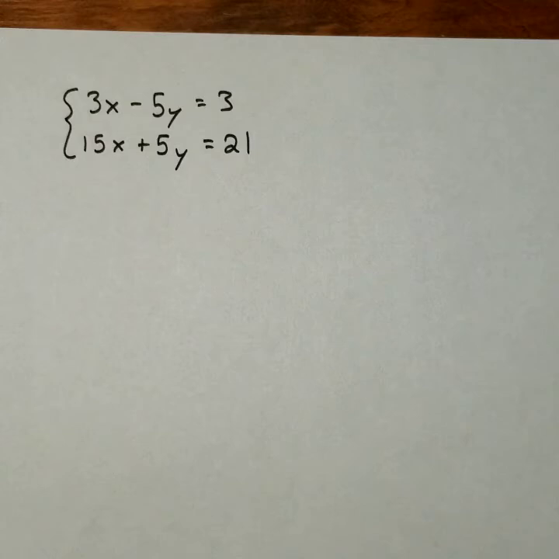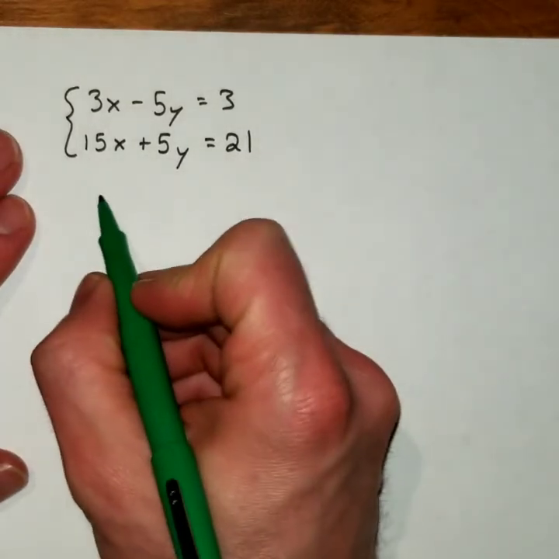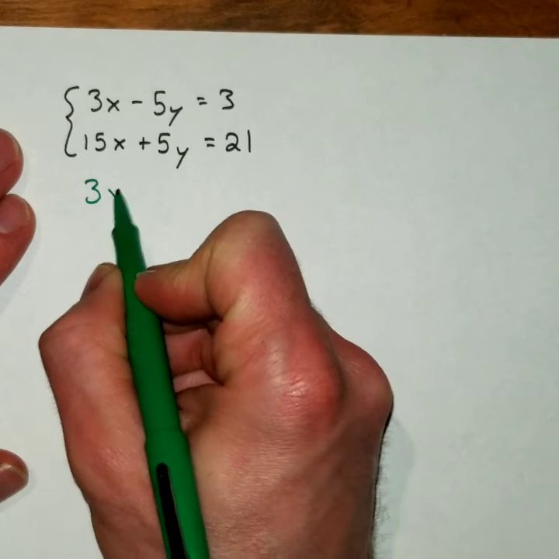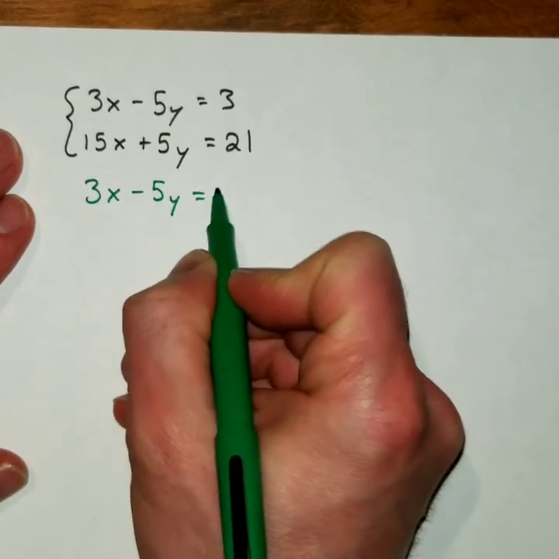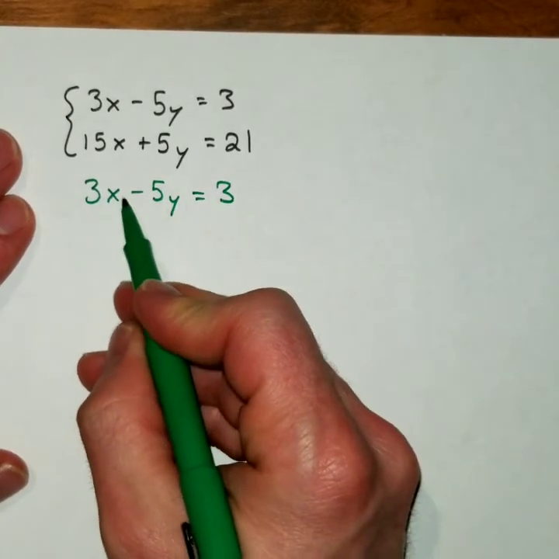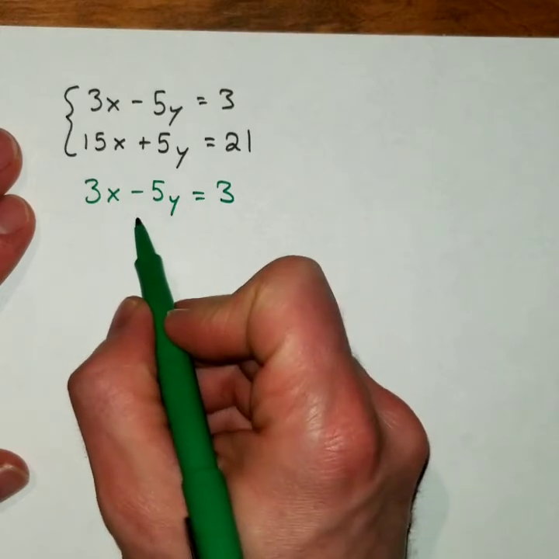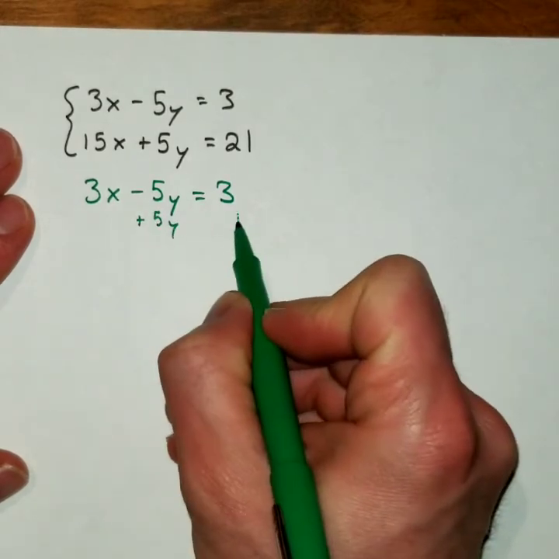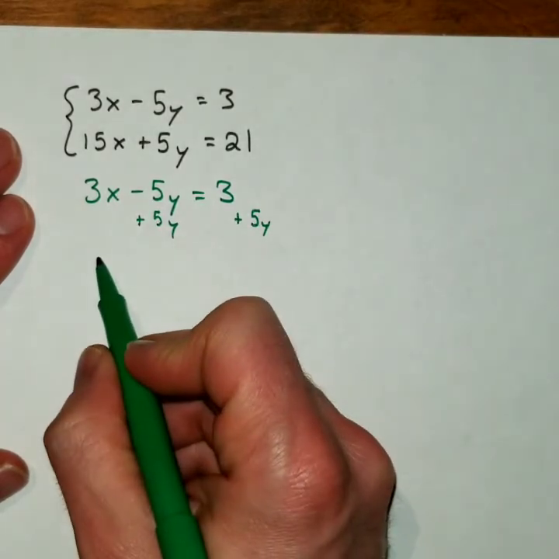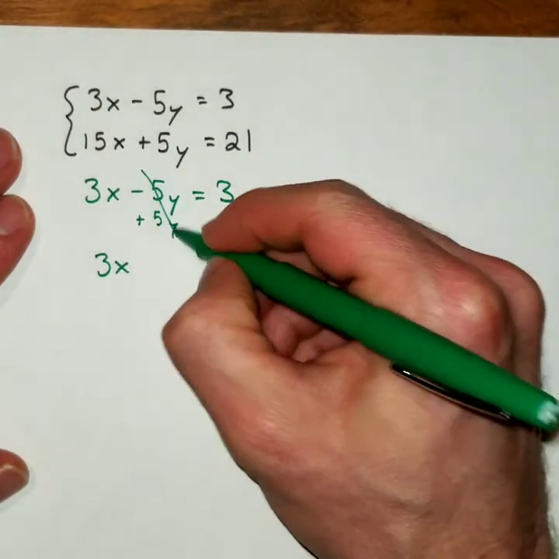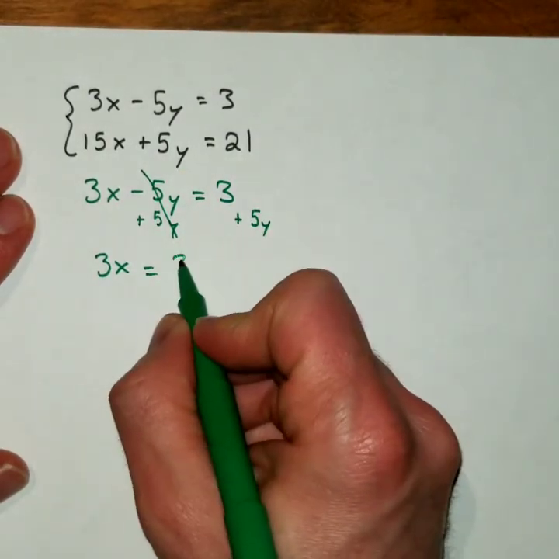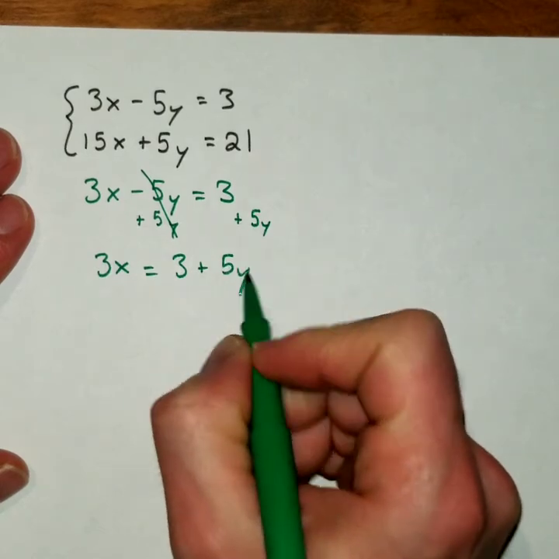All right. So let's start with 3x minus 5y equals 3. And let's try to solve for this first x. So we'll add the 5y to both sides. We'll get 3x equals 3 plus 5y.